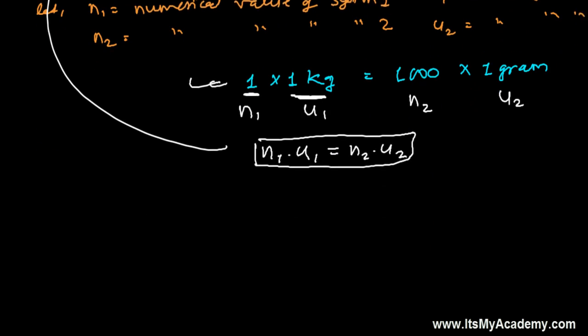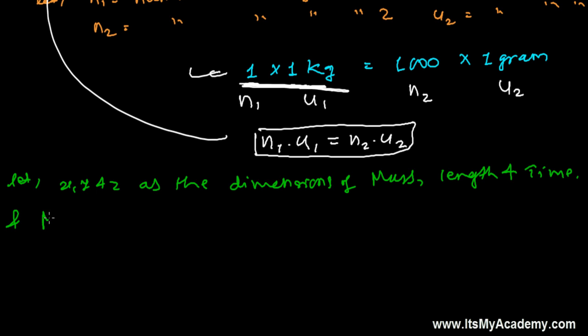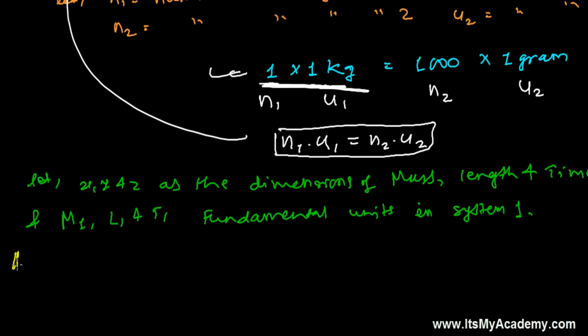Always keep this in mind. And for a while I'm going to suppose x, y, and z as the dimensions of mass, length, and time, and similarly m1, l1, and t1 be the fundamental units in system 1. Similarly, let's say m2, l2, and t2 be the fundamental units in system 2.